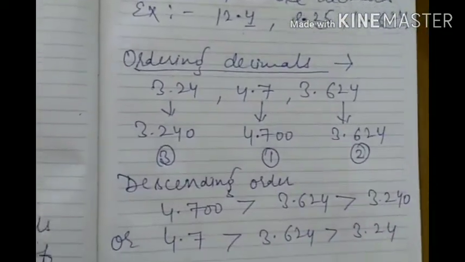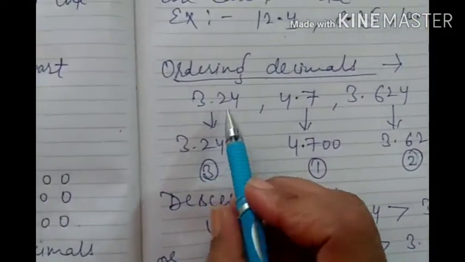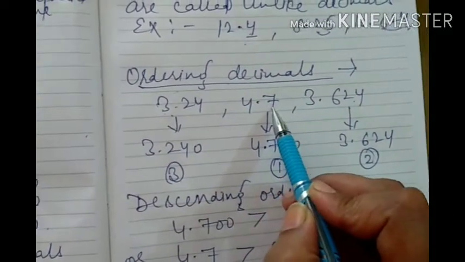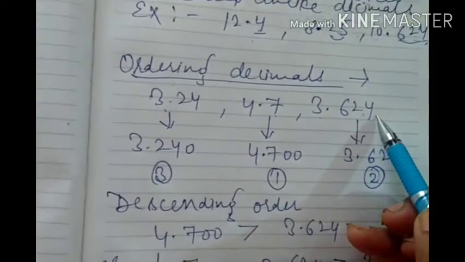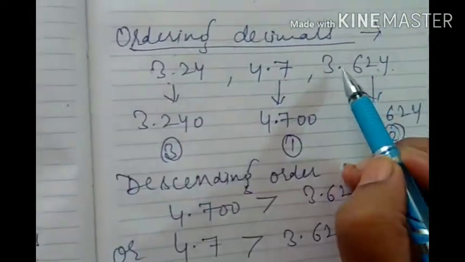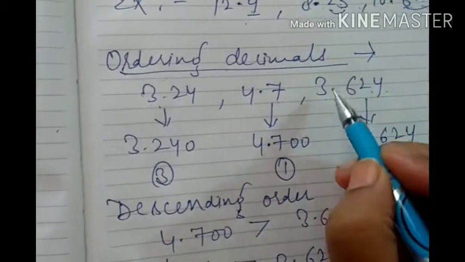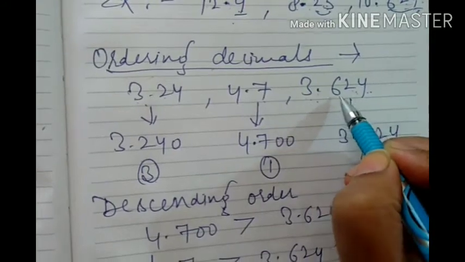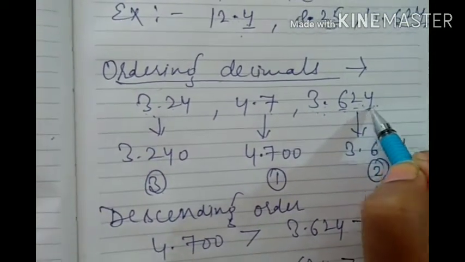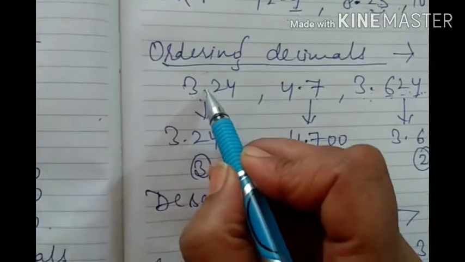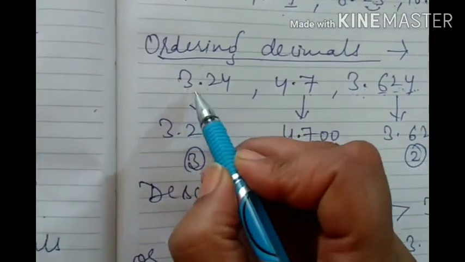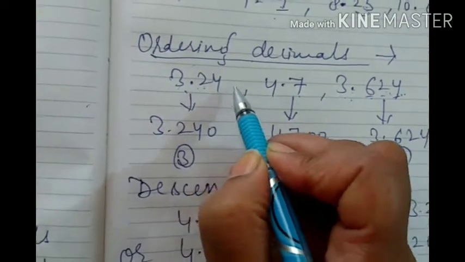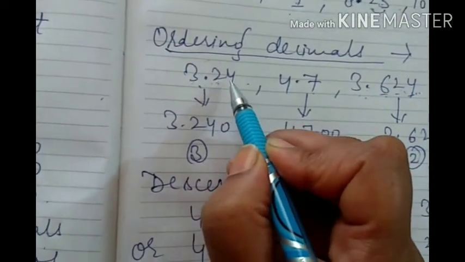Then comes ordering of decimals. Suppose you are given these 3 decimals: 3.24, 4.7, 3.624. First we convert them into like decimals. When you look at 3.624, after the point there are 3 digits. So after the decimal we want 3 digits, but 3.24 has only 2.